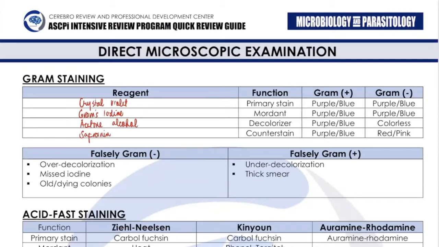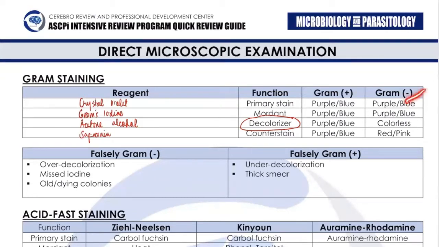And always remember that the most significant step when it comes to gram staining is the decolorization step, because here is where the difference between a gram positive and a gram negative organism first appears.